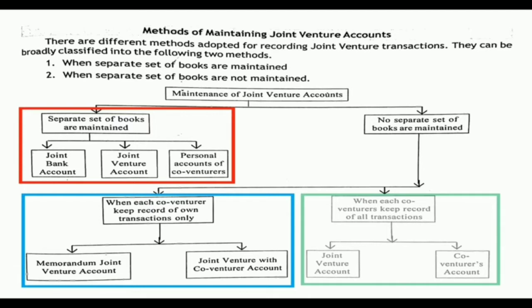But in this method, we maintain the ledger books under any one co-venture. It may be one particular co-venture out of three, or the second or third co-venture. Whatever they ask in the illustration, based on that we solve. We make the entries in the books of the co-venture, the joint venture account as well as the other co-venture account. Let us see one illustration of how to prepare the ledger accounts.